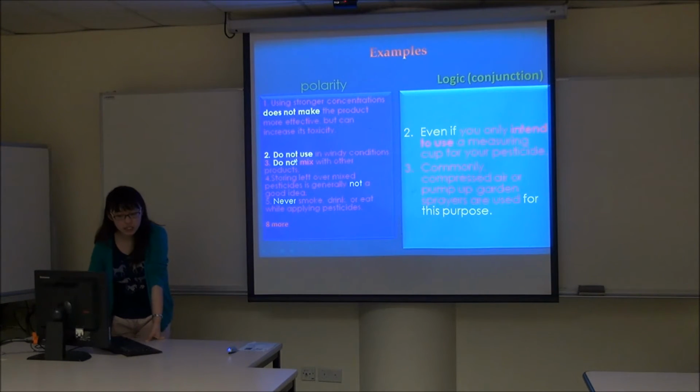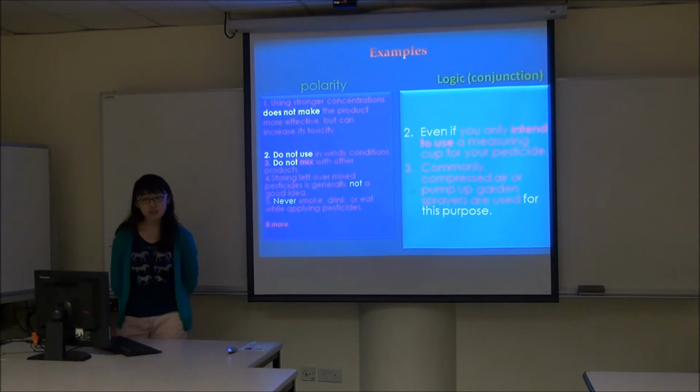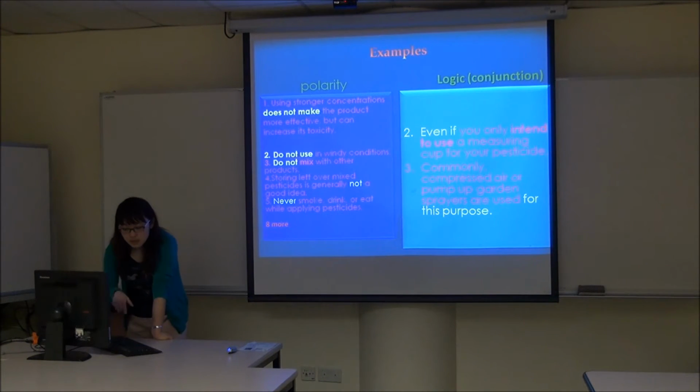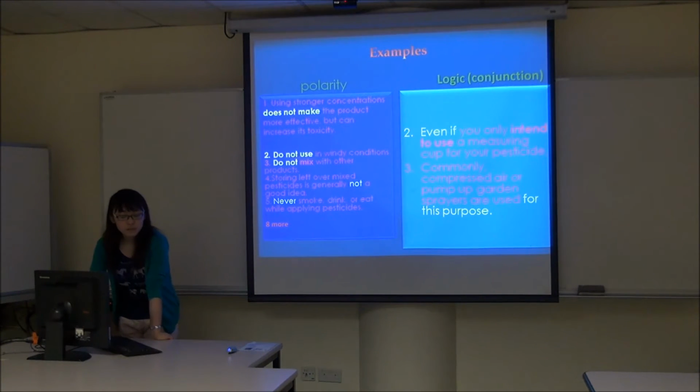For the polarity, like I have mentioned, for the previous 11 texts, most of the sentences are positive, but in this complex text, more negative sentences appeared, like these 5 sentences you see. Apparently there are a lot of not and never.